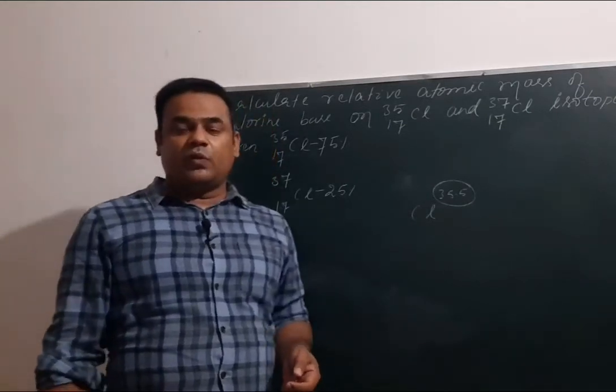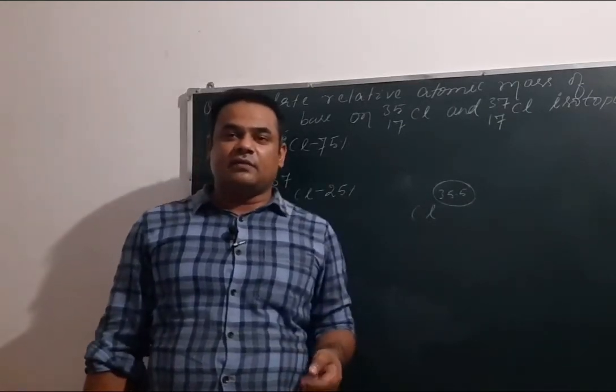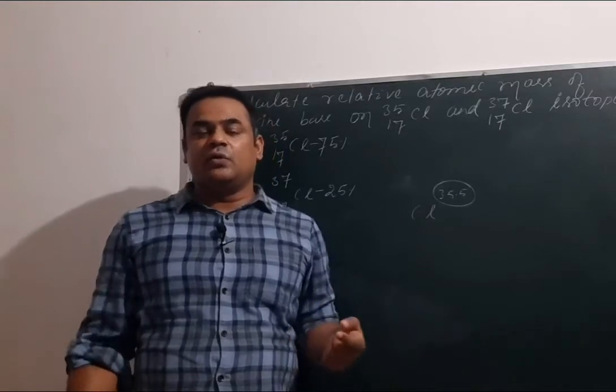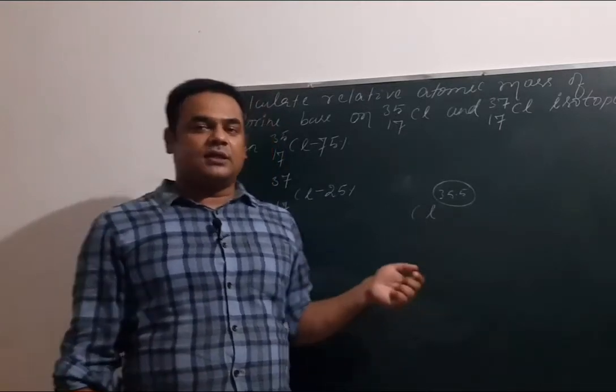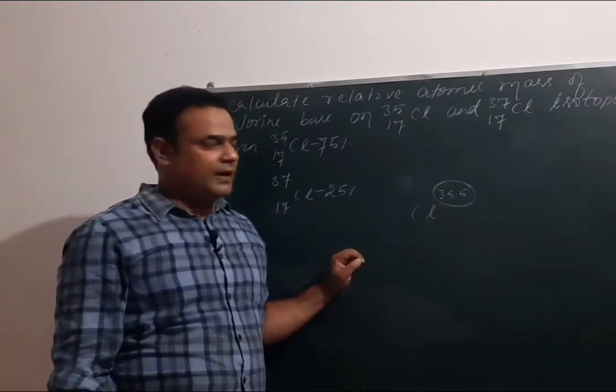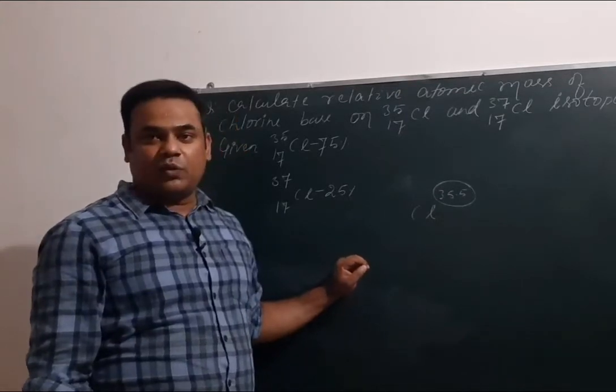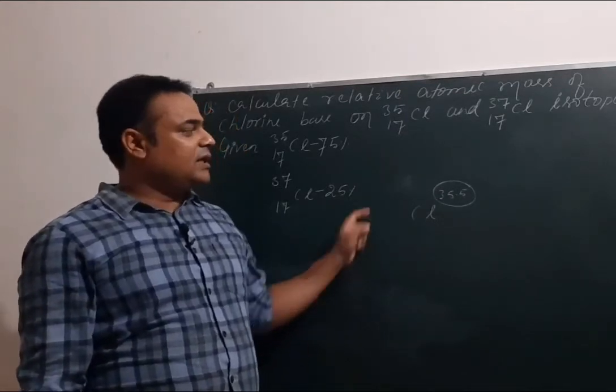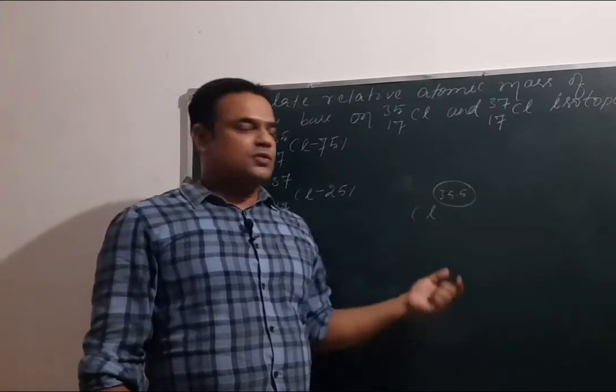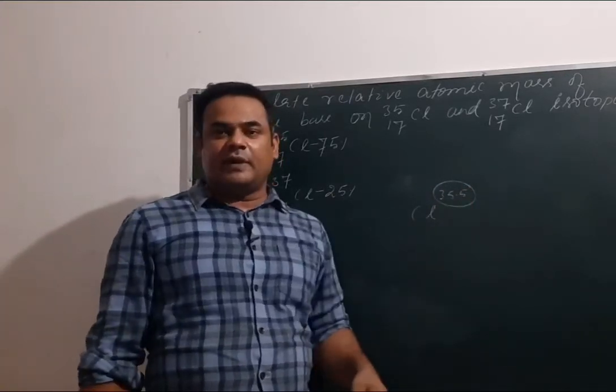But protons or neutrons cannot be in fraction; they will be integral values 1, 2, 3, 4, 5. It cannot be half a proton or half a neutron. So a lot of confusion comes in a student's mind about how 35.5 came.